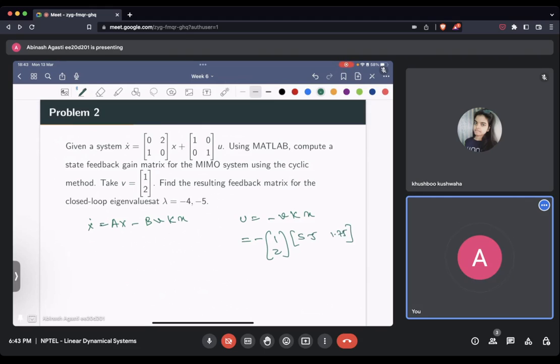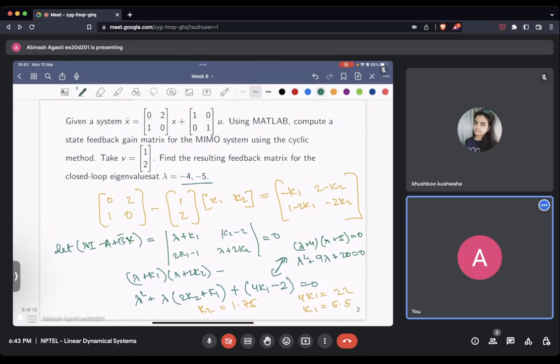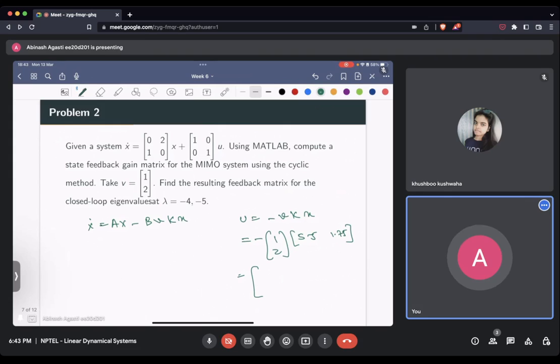So that means this is 3.5. Is this correct? Just verify once. Okay. So this matrix will give me the feedback matrix K for the two-input system.